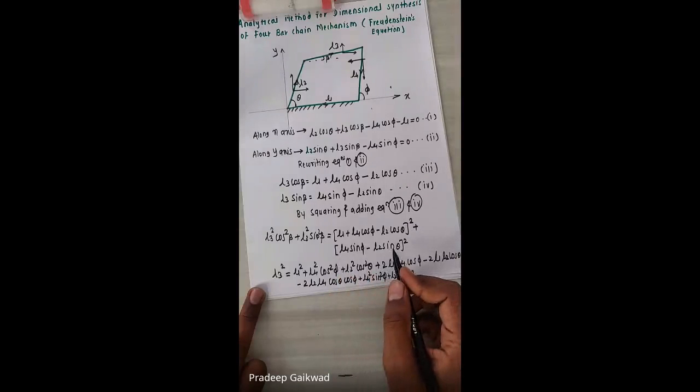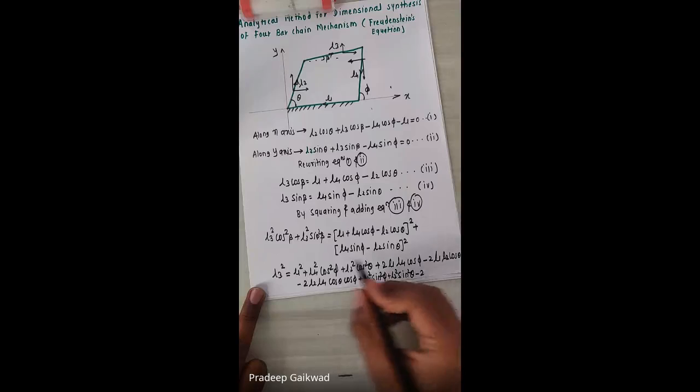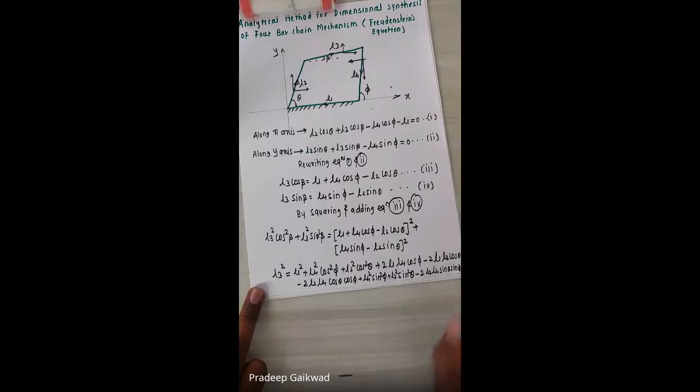As it is (A minus B) square, it is minus twice AB. So it is minus twice L2 L4 sin theta sin phi. Okay, so this is simplification of the previous term.